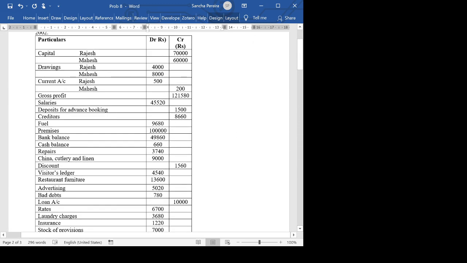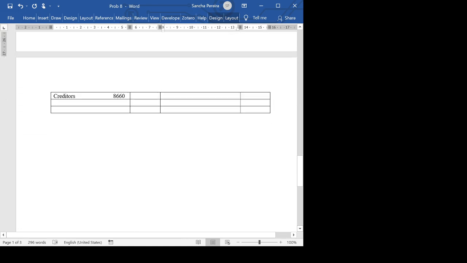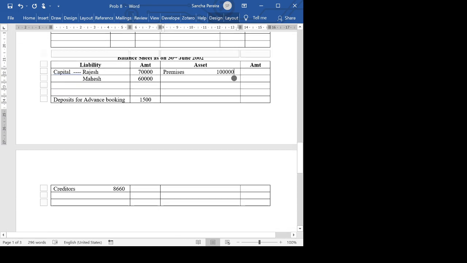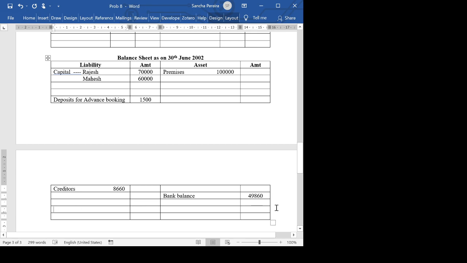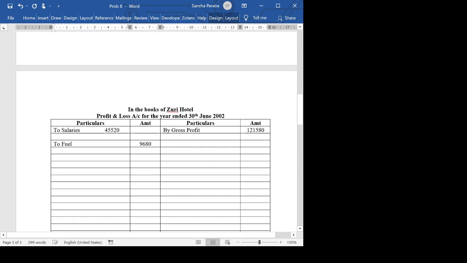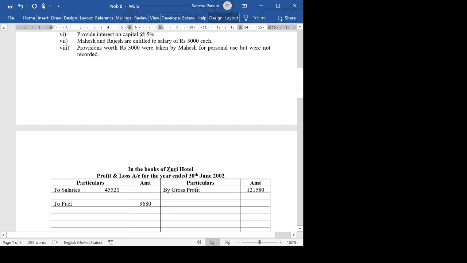Then there is bank balance 49,860. I will just leave some lines for the other assets. Bank balance 49,860. Similarly, we have the cash balance 660.